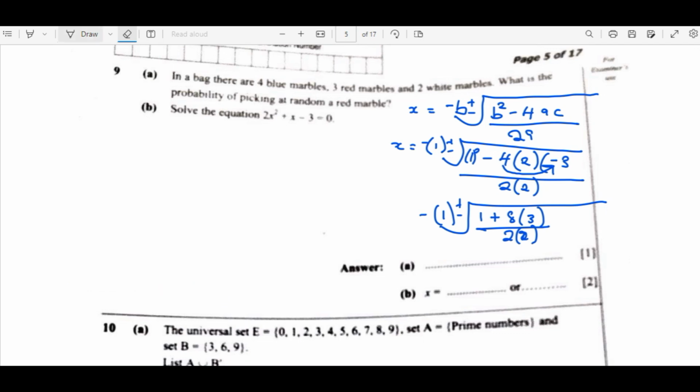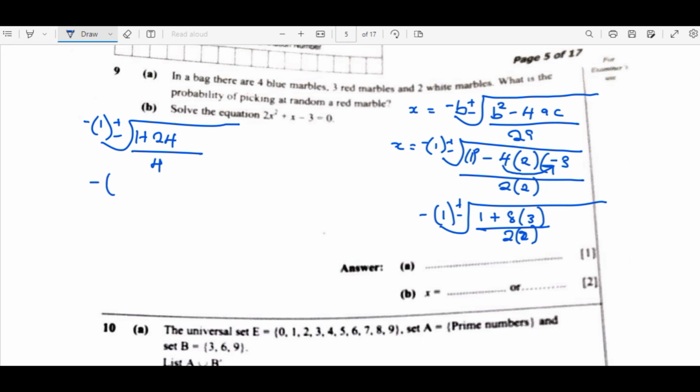So negative 1 plus or minus the square root of 1 plus 24, over 2 times 2, that is a 4 there.